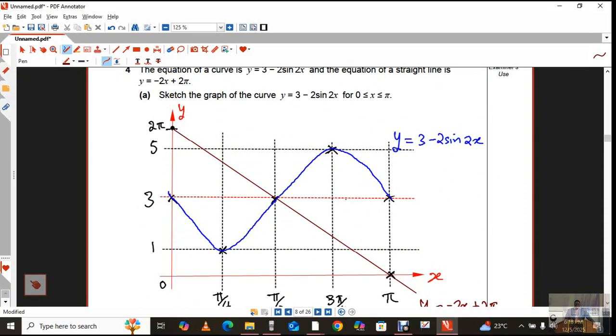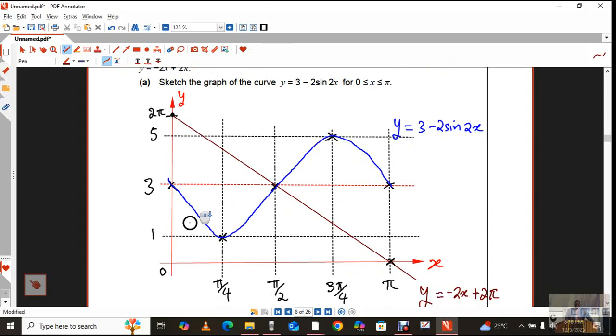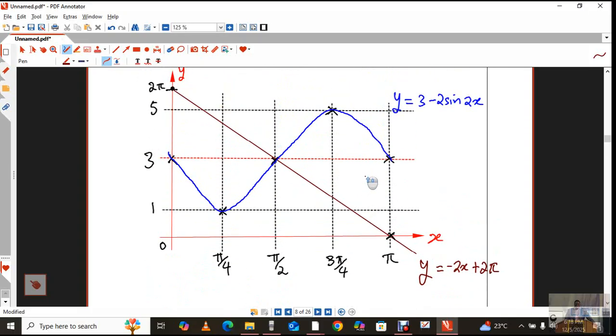Hopefully your curve is going to be a bit smoother than mine, and there are many shortcuts on how you can draw these curves, but you should have an understanding of how the curve should look, especially this one being a reflection, and that 3 telling you that the graph is going to cut the y-axis at 3. Remember that the 2 in front of the function tells you the amplitude is 2, so 2 units from your mirror line, which is the line y equals 3. 2 up gives me 5, 2 down gives me 1.